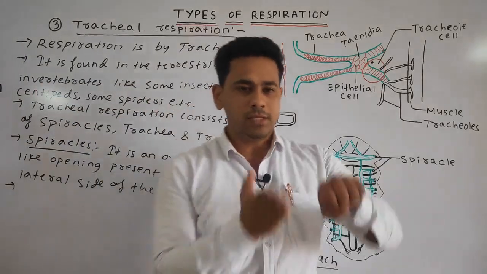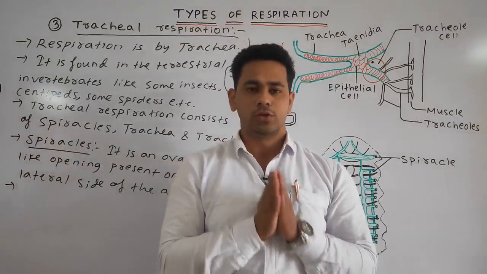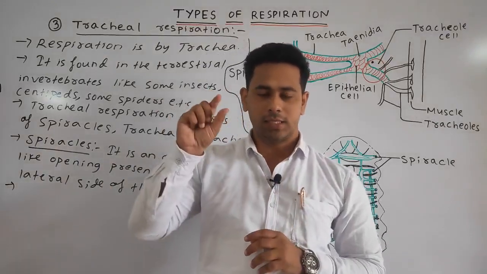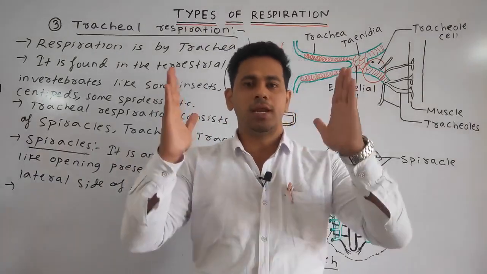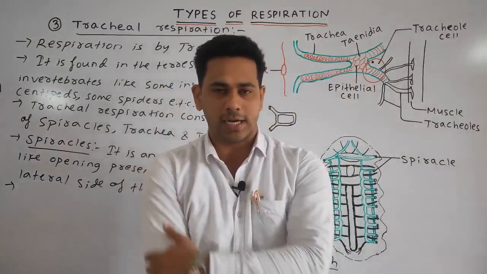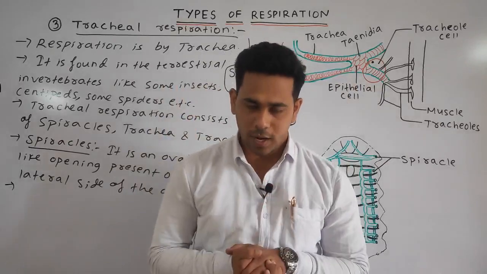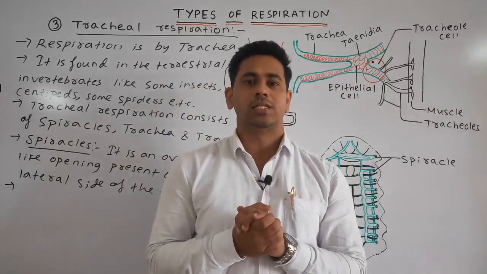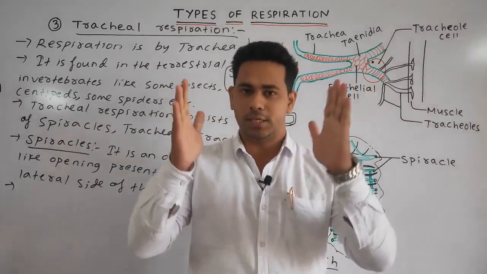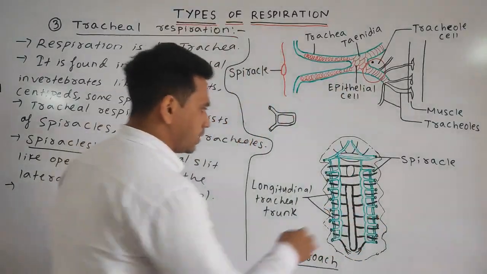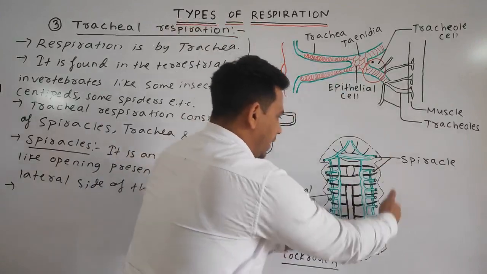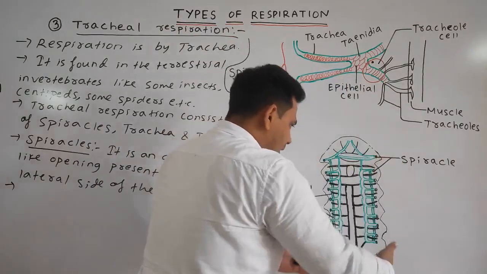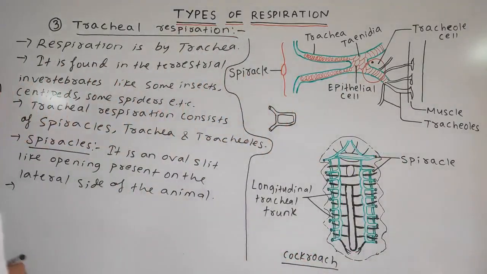You know, slit means some sort of cut. So these are oval openings having a slit-like structure present on the lateral sides. These are oval, rounded or slit-like openings present on the lateral side. You can see here these are your spiracles. Okay, next, what is trachea?